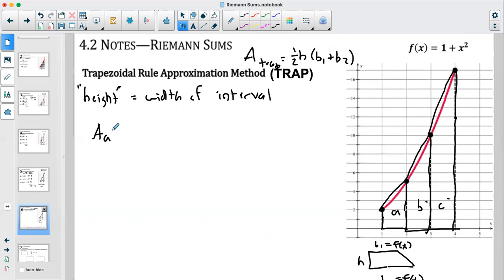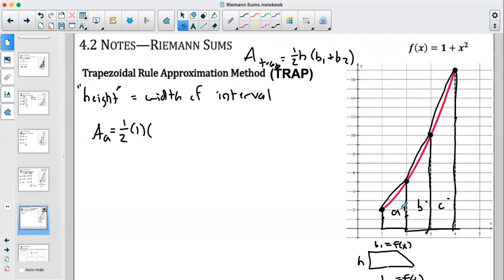The area of trapezoid A is 1/2 times its height, which is the width of the interval. Remember, we're thinking about it looking like this. So the height is 1. And then times the sum of these two. They're in the trapezoid, their bases, and in the graph, they appear to be heights.